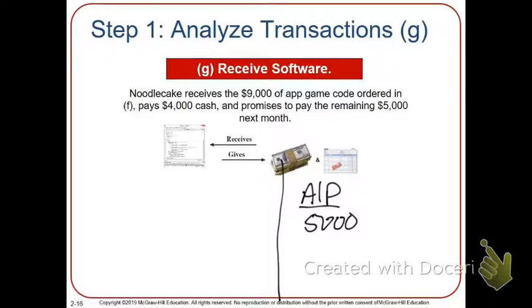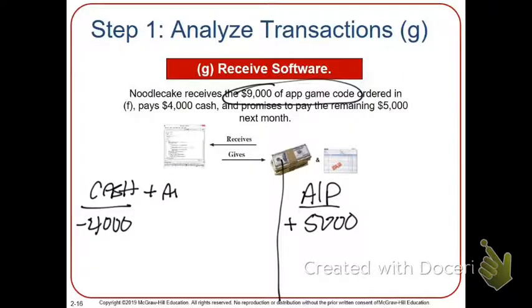The cash went down. Yep, cash is going to go down by $4,000. And what's the last thing? What did we get? We got the game. Yeah, we'll call it app. And that's going to go up by 9.